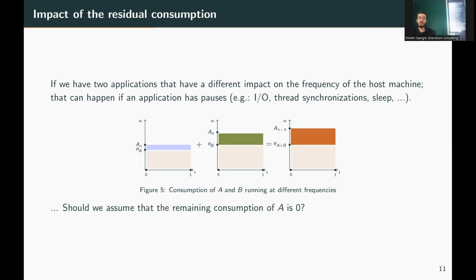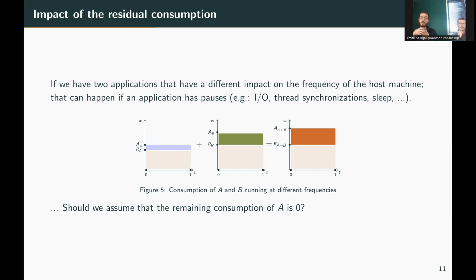For example, if you have two applications running at different frequencies, and it can happen, for example, if one application has pauses because of I/O, thread synchronization, sleep, etc., then we don't know what to do with the residual consumption. Here you have two applications, A and B. B has the highest frequency, so it has a bigger residual consumption.